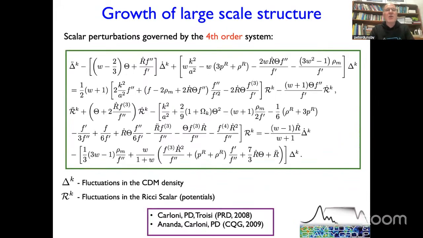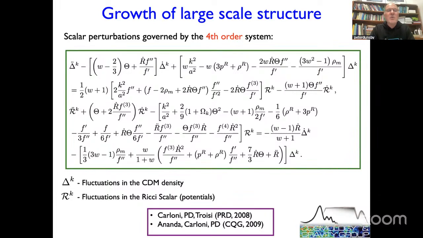Okay, what about the growth of large-scale structure? Can we do this in a way which is also completely theory independent, rather than use a given parameterization for f of R, or use a particular pet theory that you have in the f of R gravitational sector?